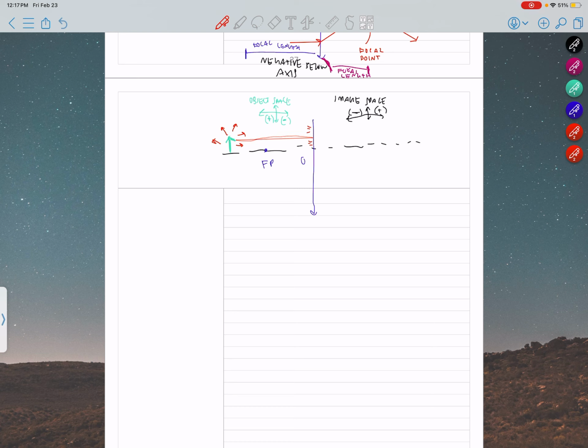It goes through the lens, it bends, and where does it go? It goes through the focal point, right? So it's going to bend and it's going to go through the focal point.